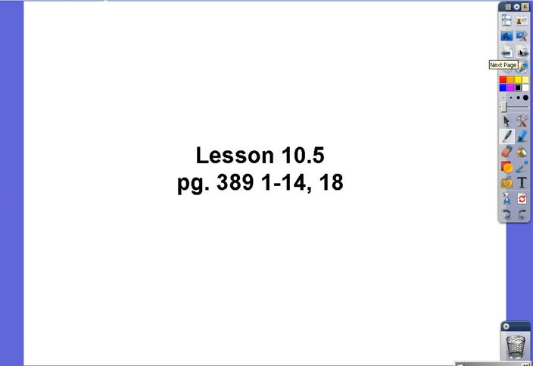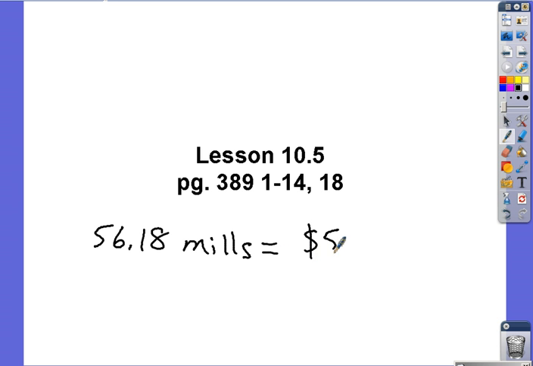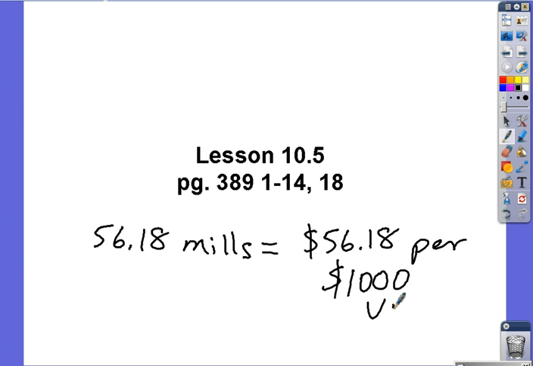And quick reminder on this, if you have something like 56.18 mills, understand that that is the same as $56.18 per $1,000 of assessed value. Okay? Get busy.